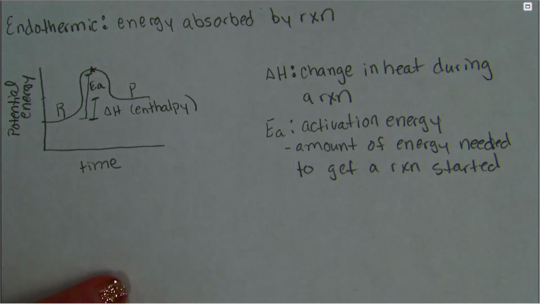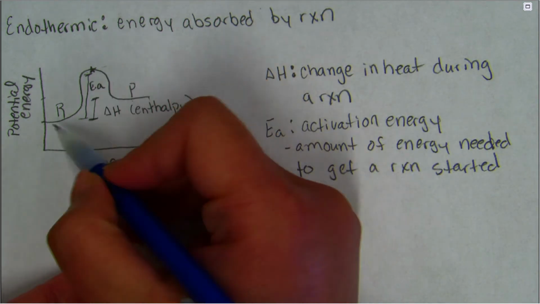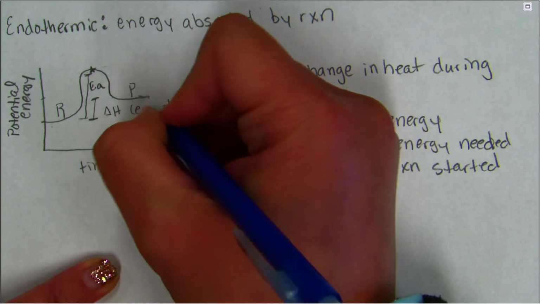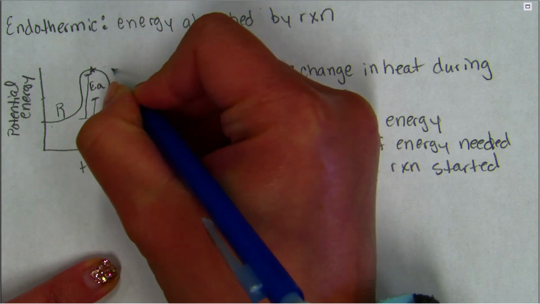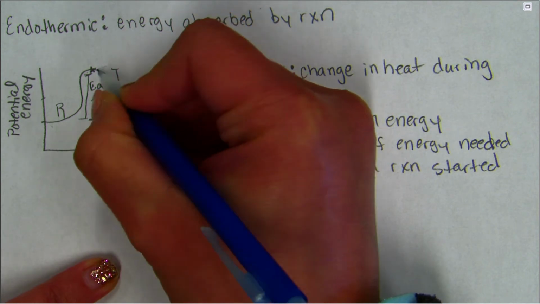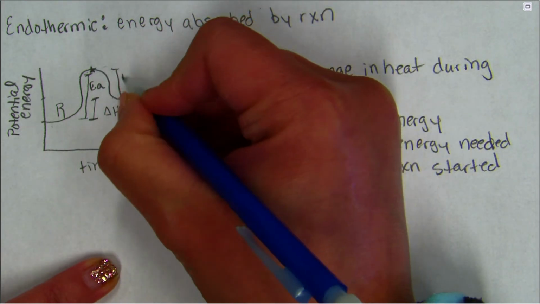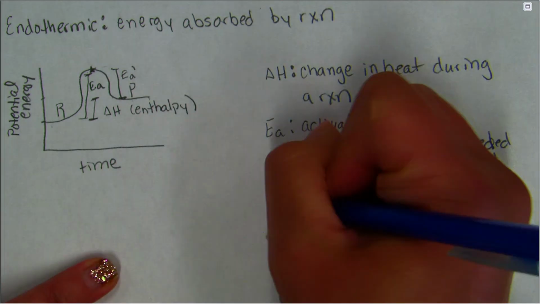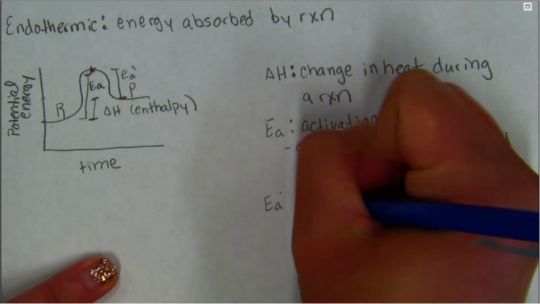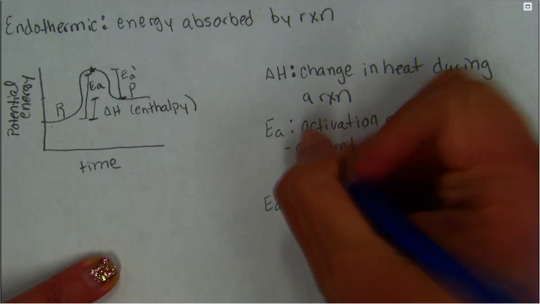Now, we've also talked about equilibrium, and we know that in a lot of reactions, the reactants become products, but the products also become reactants. So the change in energy from where the products are to this activated complex right here where the reaction starts, this change is our E sub A prime, which is the reverse activation energy. So the amount of energy needed for the products to become reactants.